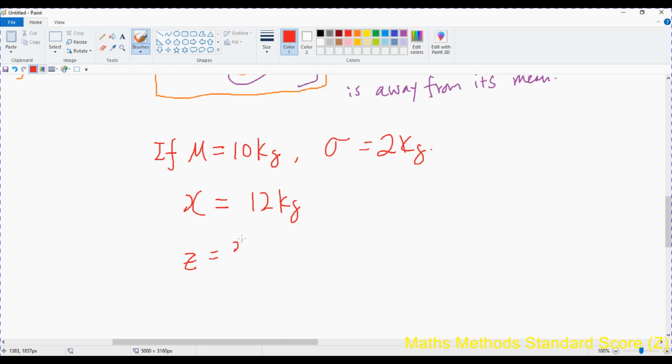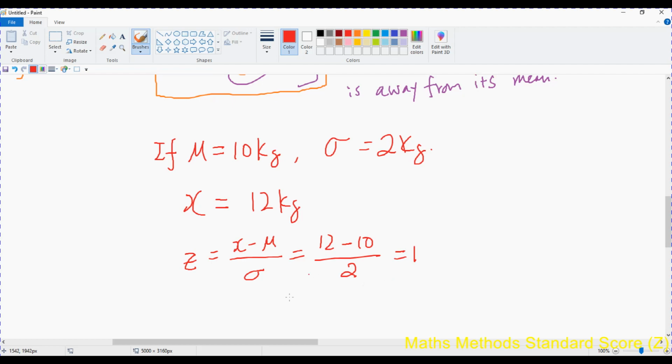So it's 12 minus 10 divided by 2. Then you will see that's actually 1. So z-score means 1. That means you are 1 standard deviation heavier than the mean, which means that panda baby is heavier than normal, but not extremely heavier than normal. I hope that makes sense to you, right?